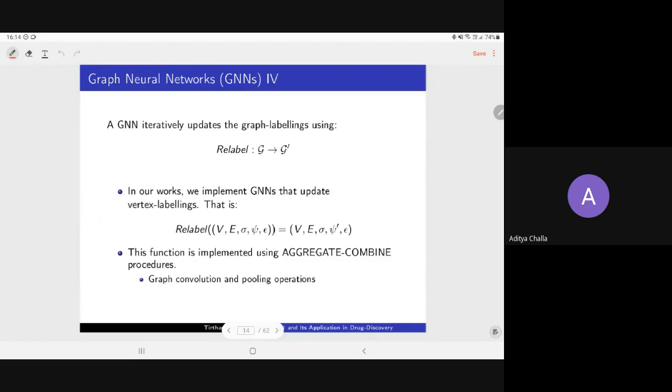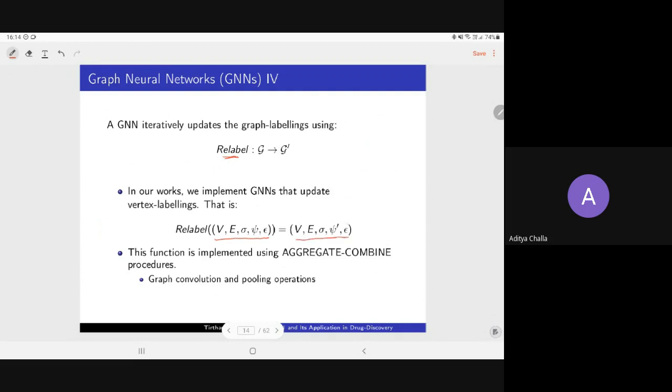A GNN iteratively updates the graph labeling using something called a relabeling function. It updates the node labels and the edge labels iteratively. So the relabel function takes the graph V, E, sigma, psi and epsilon, and it returns V, E, sigma, psi dash and epsilon.